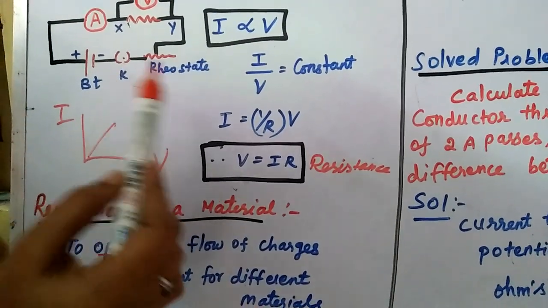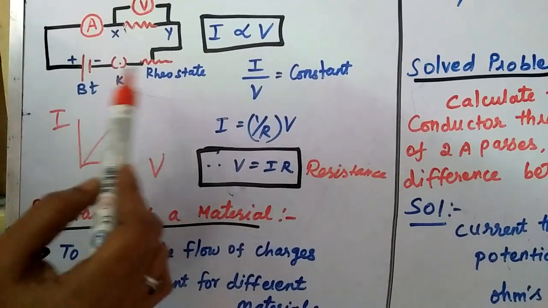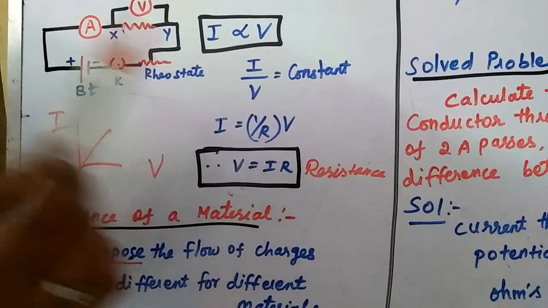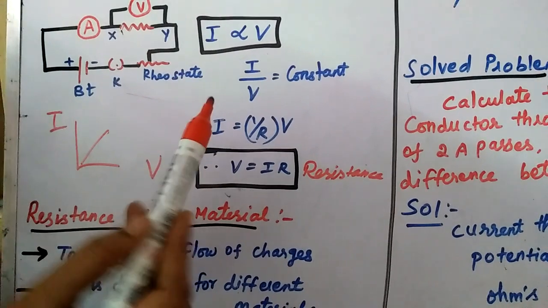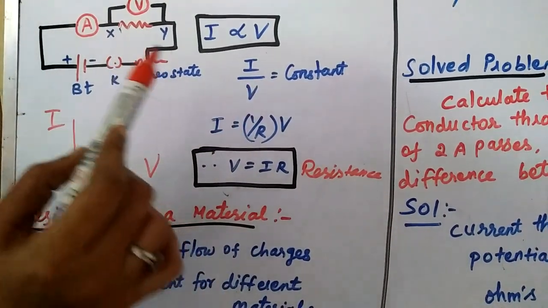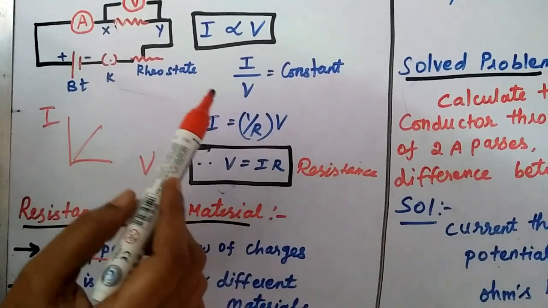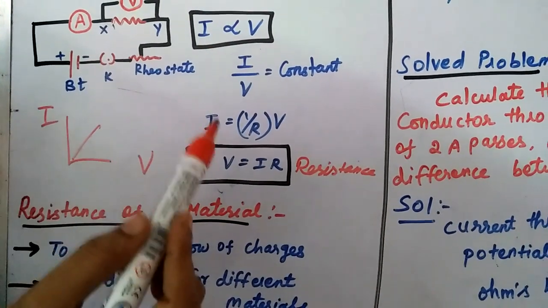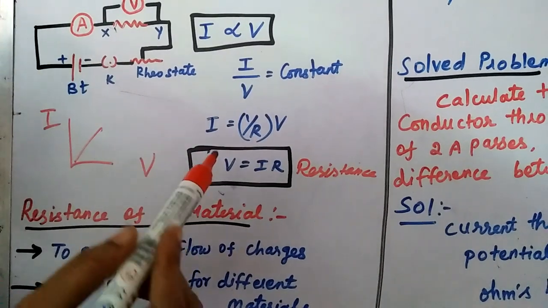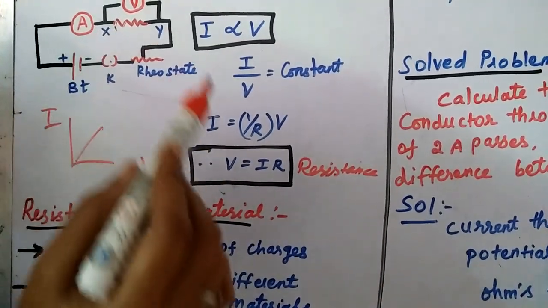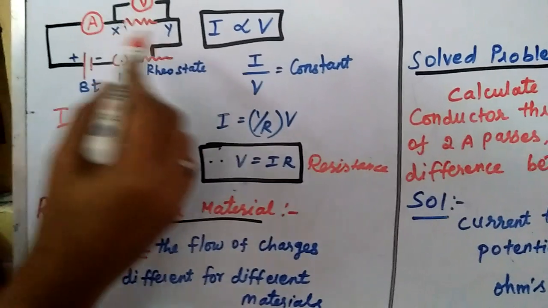If you replace the nichrome wire with a copper wire and connect the same experiment, you will notice a different current for the same value of the potential difference across the wire. If you again replace the copper wire with an aluminium wire, you will get another value for the current passing through it.